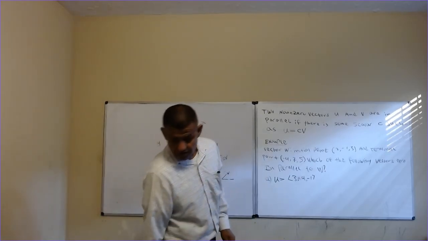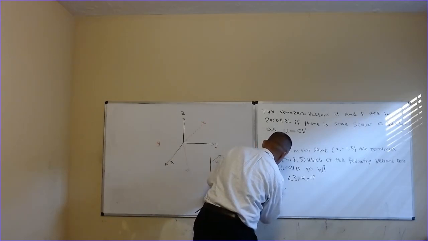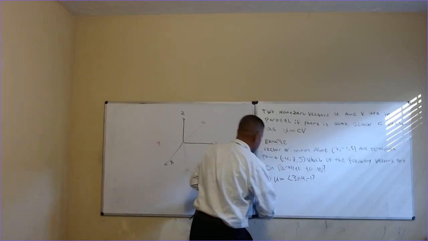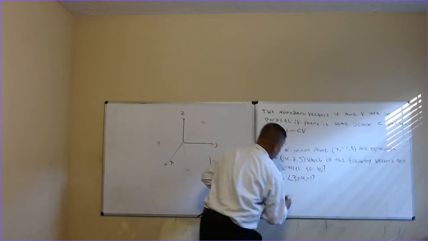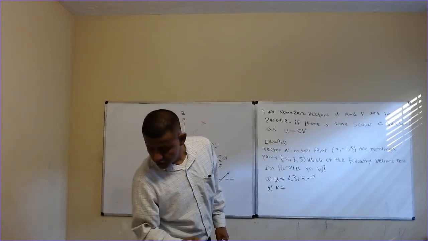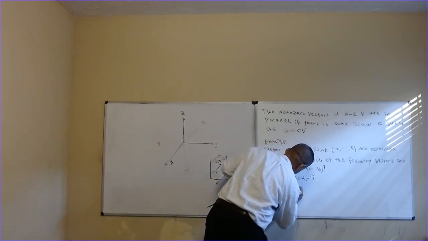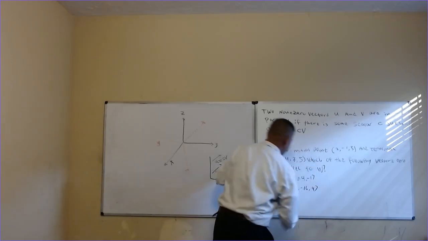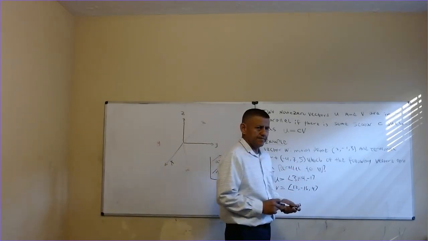And the next vector, V, is equal to 12, -16, 4. So those are two vectors, right? The question is which of those vectors are in parallel.